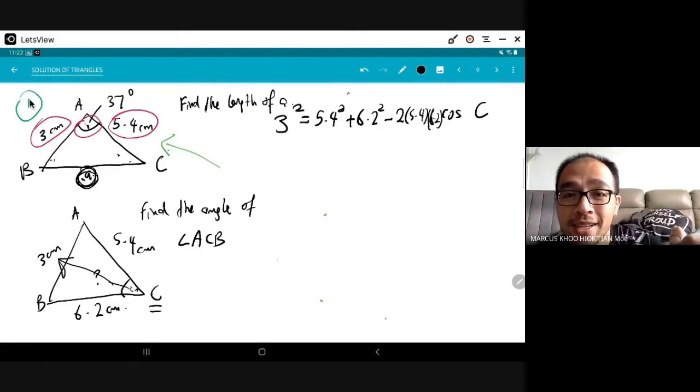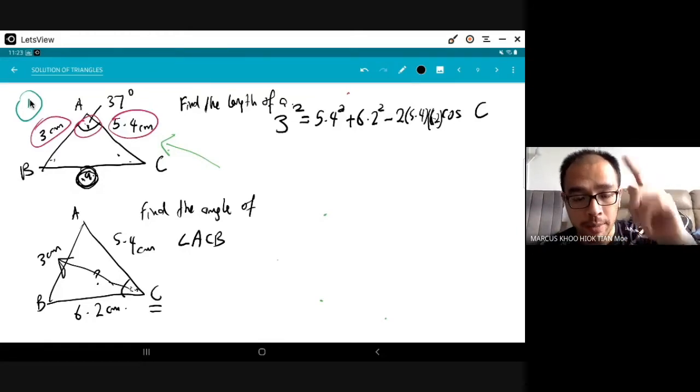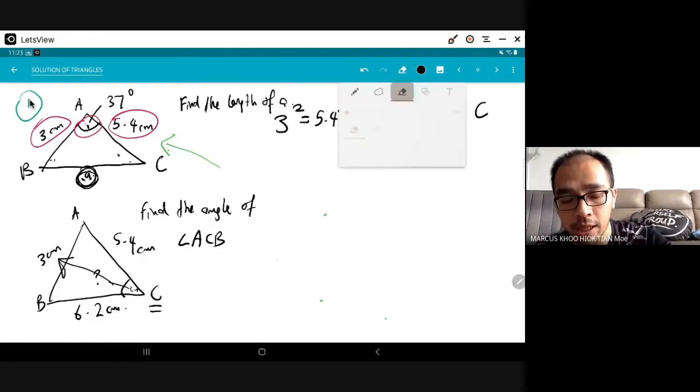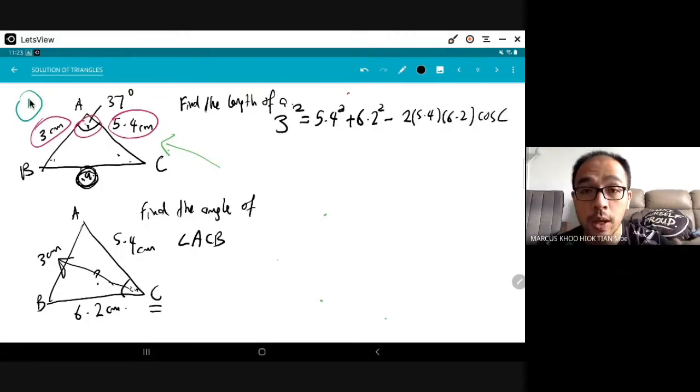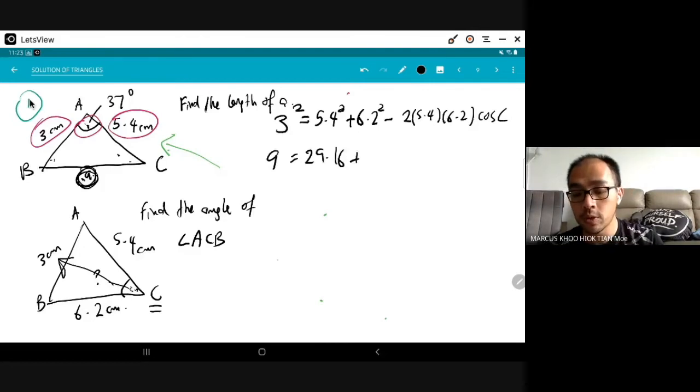Now, this one especially, you must be very careful. One of the biggest mistakes that a lot of students do is this. 2 times 5.4 times 6.2 cos C. So what they do is they calculate 3 squared is 9. 5.4 squared is 29.16. 6.2 squared is 38.44.